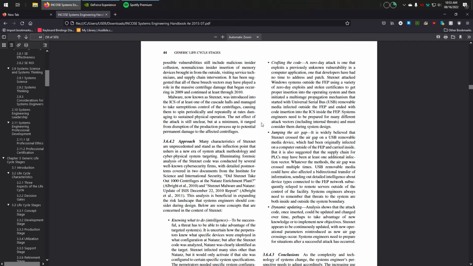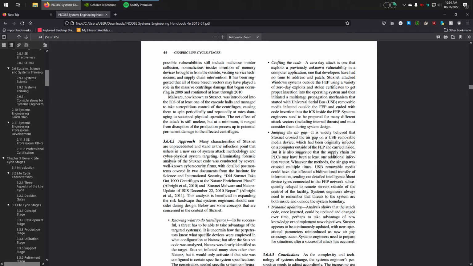Jumping the air gap. It is widely believed that Stuxnet crossed the air gap on a USB removable media device, which had originally been infected on a computer outside the FEP and carried inside. But it is also suggested that the supply chain for PLCs may have been at least one additional infection vector.